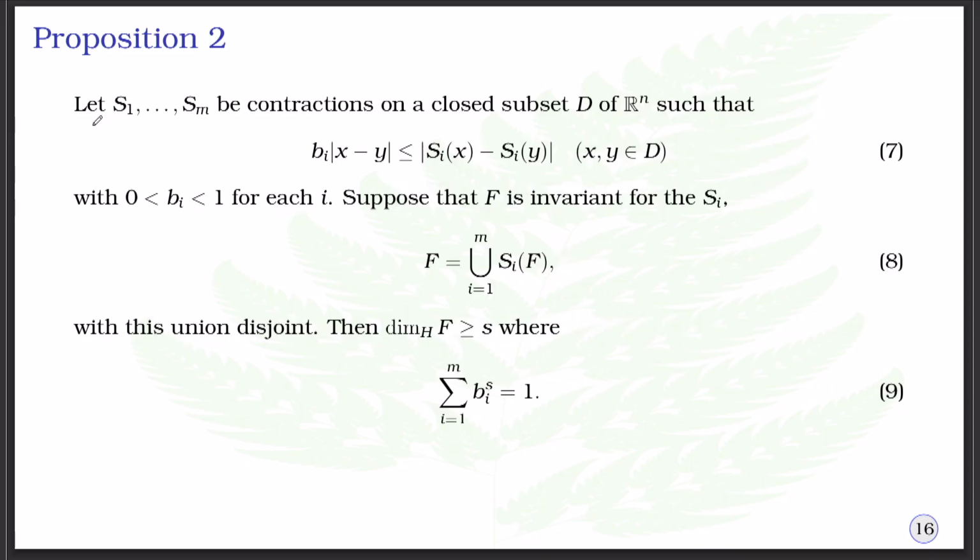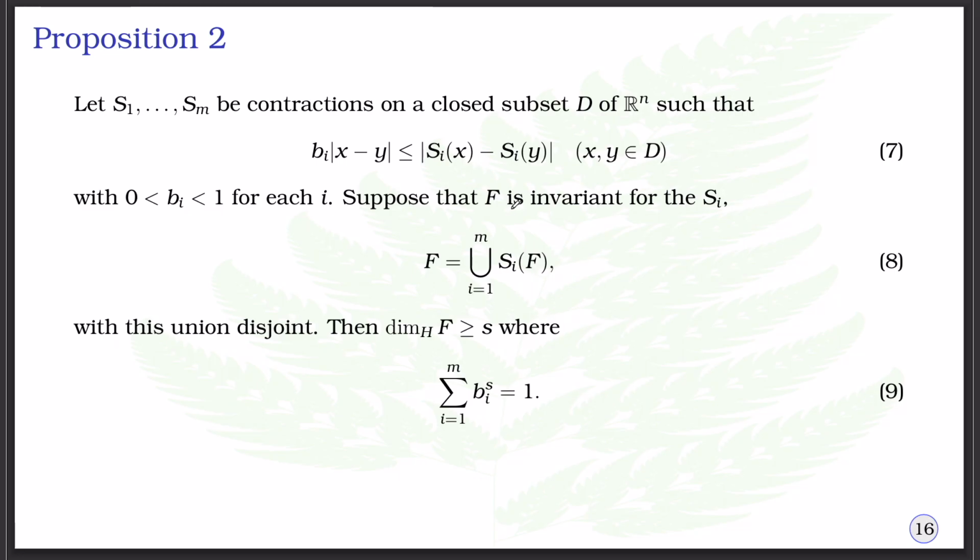So, it says that S1, S2 up to Sm are contractions on a closed subset D of R power n such that Bi satisfies this condition: Bi times the modulus of x minus y is less than or equal to the distance between Si of x and Si of y, for Bi lying between 0 and 1 for each i.